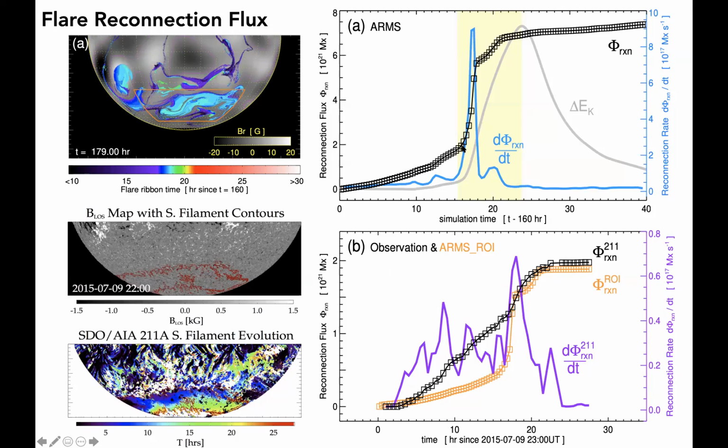And in fact, the transition in the simulation from slow to fast happens about the same time as the peak reconnection rate in the observations, once you've lined it up. So obviously there's a big difference between this purple curve and the blue curve. But the fact that they have a peak increase at about 17, 18 hours into the eruption, that was interesting. That wasn't expected. And it makes me think that whatever it is that we're doing is like reality.